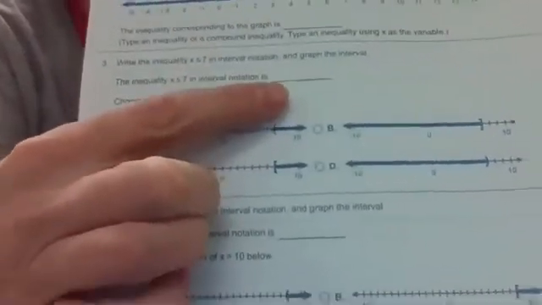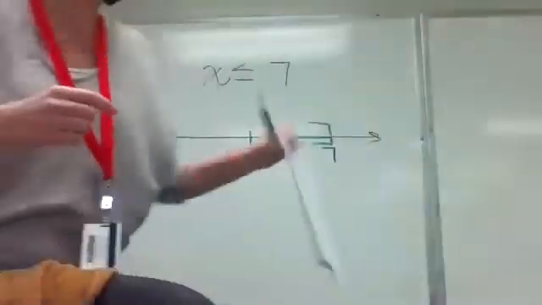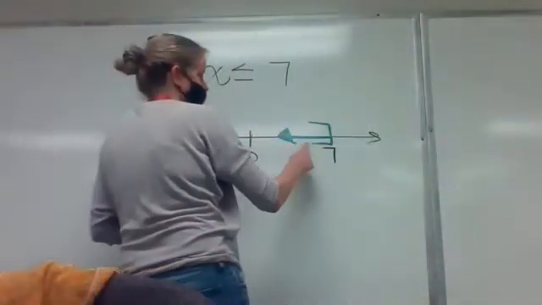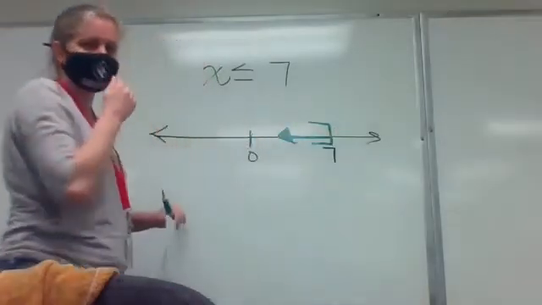You'll notice that it says to write the interval notation first and then pick the number line that it goes with. I like to actually do this part first. So now what am I looking for in that? I'm looking for a bracket with an arrow to the left.